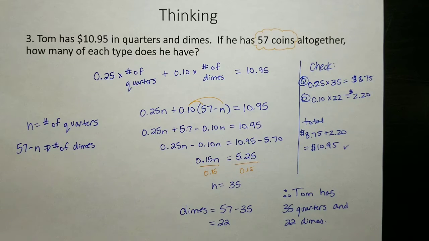And if it was some kind of situation where you maybe could figure it out, because if you just sat there for half the test saying, okay, what if he had 1 quarter and 56 dimes? How much money is that? What if you had 2 quarters and 55 dimes? And you just kind of plugged away on your calculator, you could figure this out without any equation at all, just with trial and error.